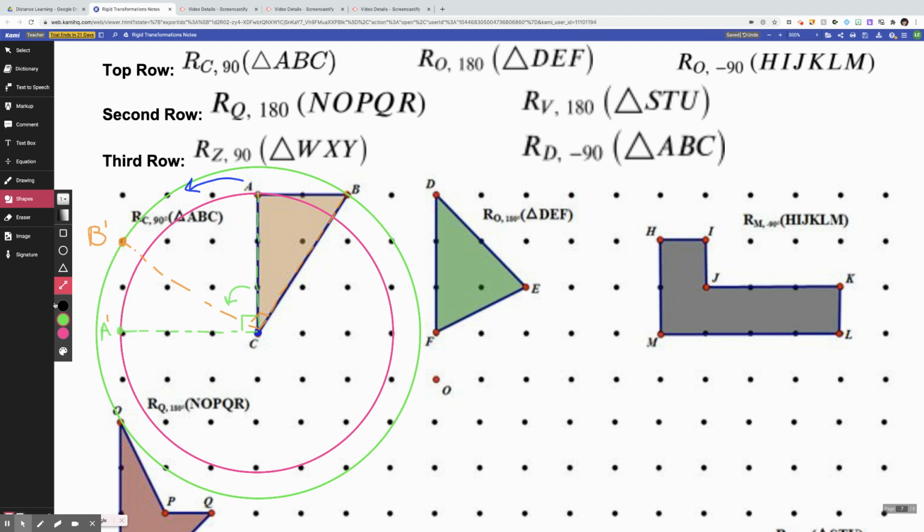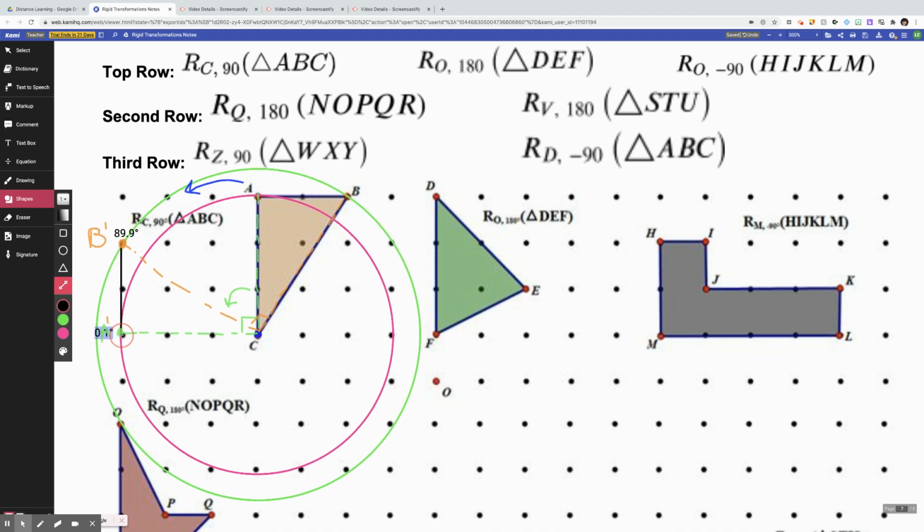Let's make that a different color. Okay, so I can draw my triangle in now: 1, 2, and 3. Now here's the thing. If you're like, oh my God, that's so many circles, that's a lot of stuff, I agree with you.